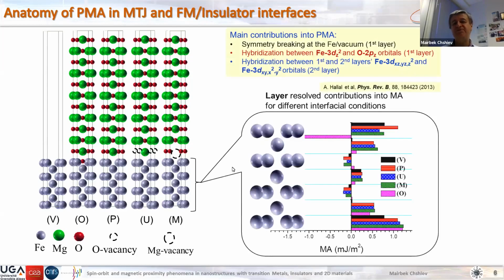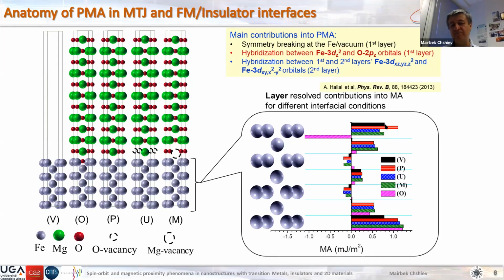What we did first is identify the contributions for all these situations to perpendicular magnetic anisotropy. For example, you can see already the effect of magnesium oxide on top of iron.